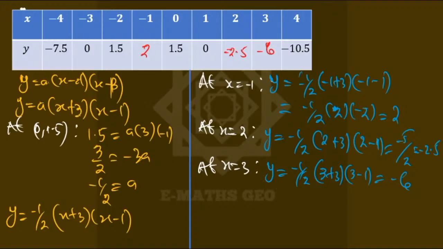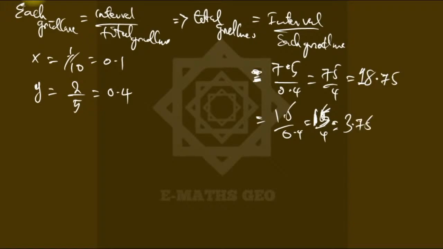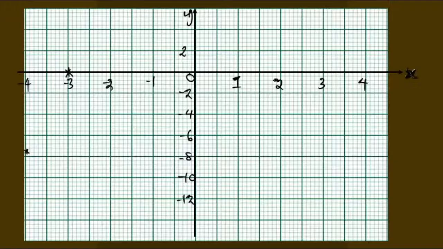Again, we're not seeing 1.5, so in the same way, 1.5 over 0.4 is 15 over 4, which is 3.75, so about 3.8 grid lines. So we count when x is minus 2. What is y?